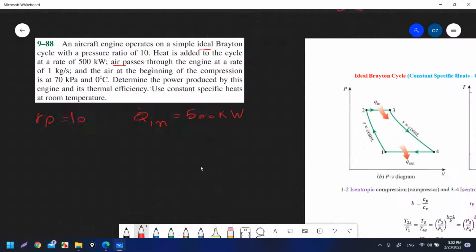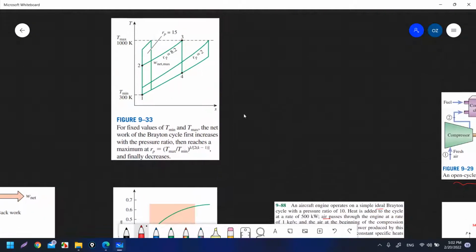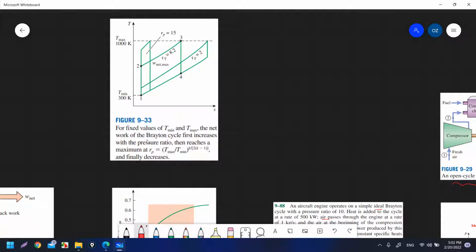For fixed values of T minimum and T maximum, the net work of the Brayton cycle first increases with the pressure ratio, then reaches a maximum at rp equal to (T max over T min) to the power k over 2(k minus 1). This also can be represented as rp equal to (T3 over T1) to the power k over 2(k minus 1).